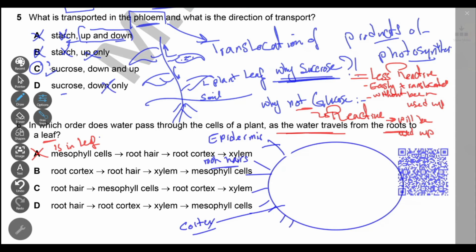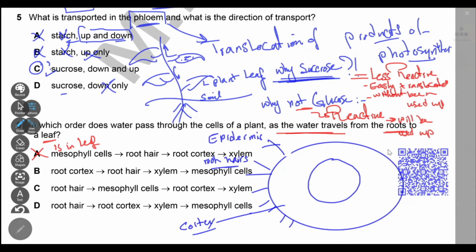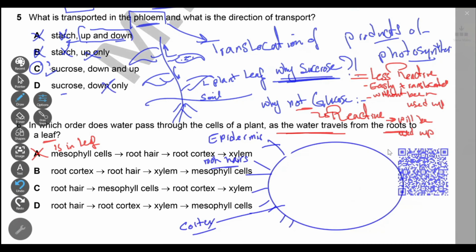I'll use another tool to draw a vascular cylinder. I'll draw a circle, not an oval shape. Sorry, I wanted to redo this. I need a vascular cylinder, so I need a circle here in the middle.